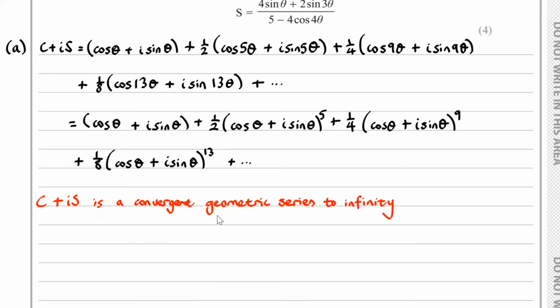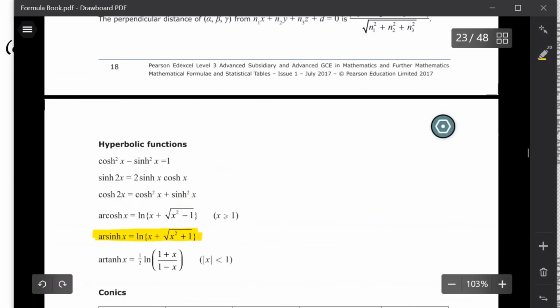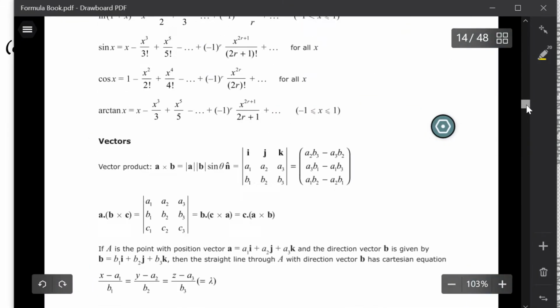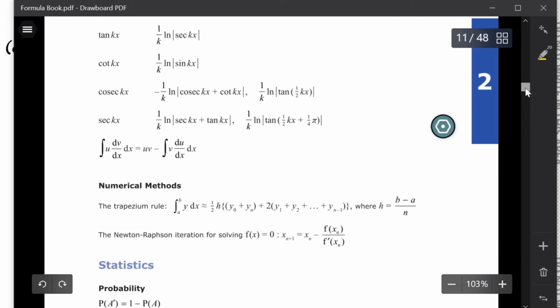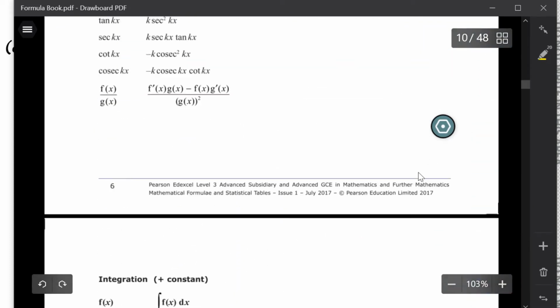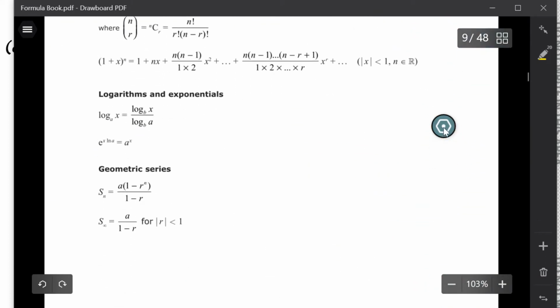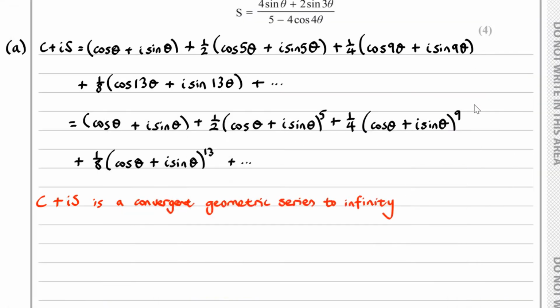Okay, and if we go to the formula book, under the regular A-level math section somewhere, here, the sum to infinity for a geometric series, we have a over 1 minus r, for the mod of r being less than 1. Let's write that down.